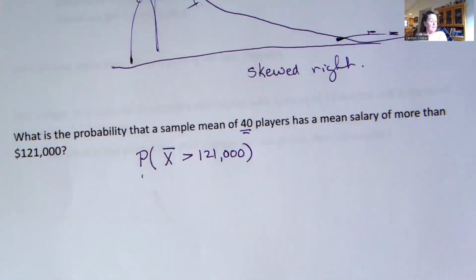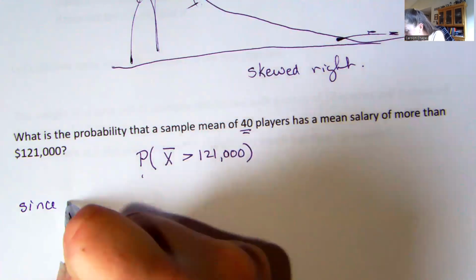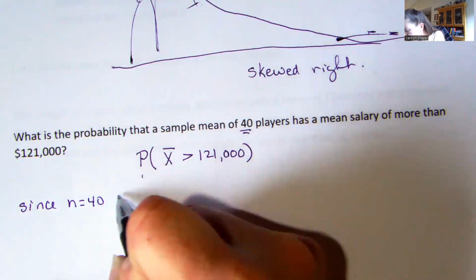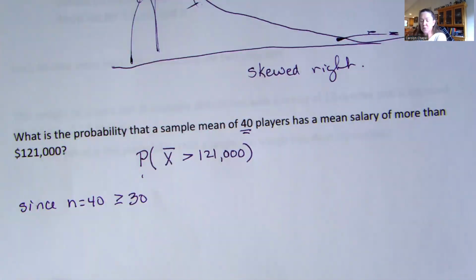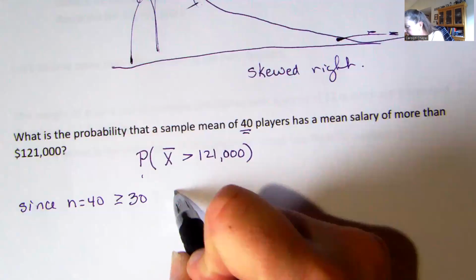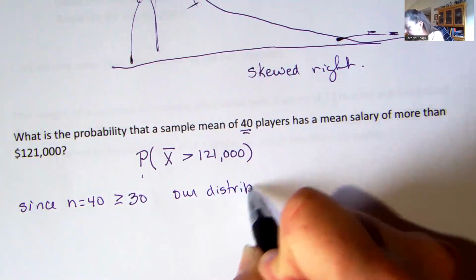Since n is 40, which is bigger than my magic number 30, and again, I'm not going to go into why the 30, why not 32, it just turns out that way, just go with it, our distribution is roughly normal.